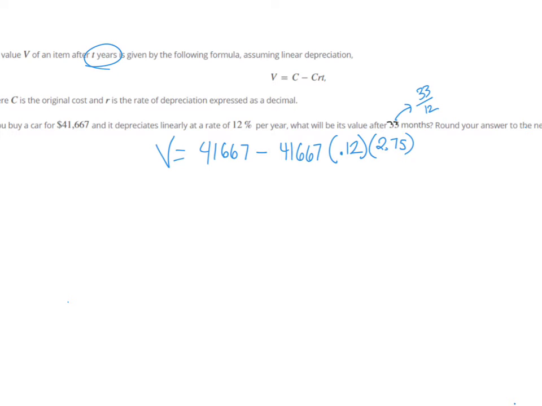Now you could enter this left to right in your calculator if you're very careful. Some people like to condense some things. All of this is being multiplied, and the order of operations says I should do that first. So if you want to break this up into parts, you could multiply that all together, and I get $13,750.11.